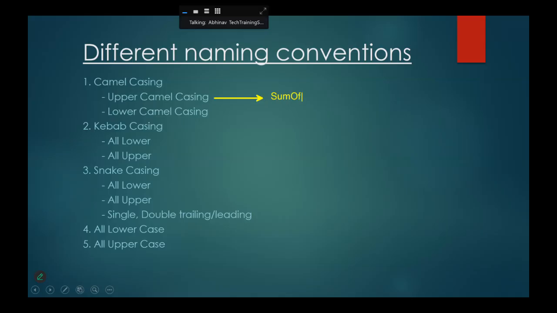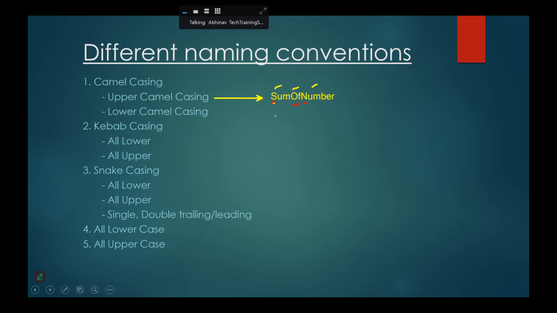So SumOfNumber. We have three words, sum, of and number. We combine all three words and the first character of every word, which is S, O, and N, will be in capital letters. So this is upper camel casing.